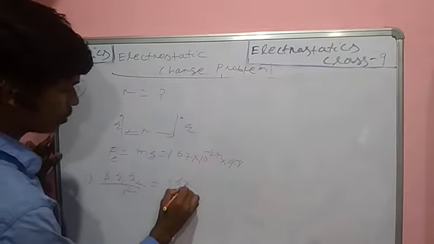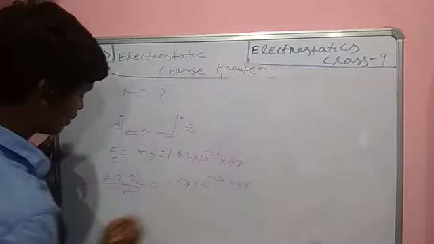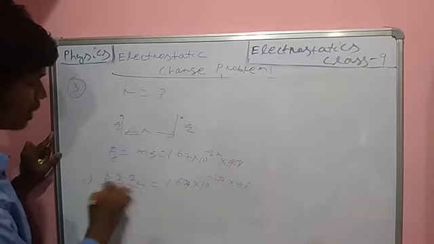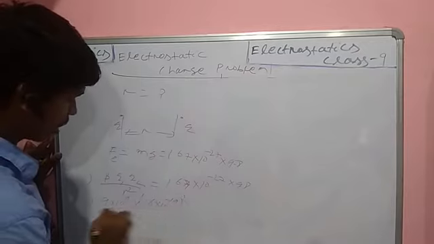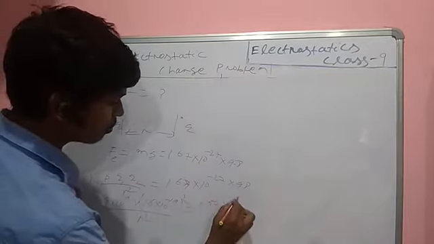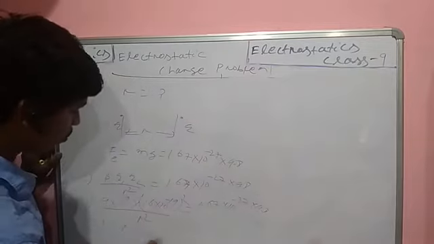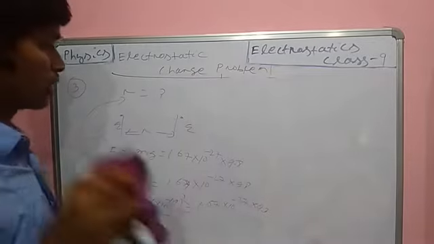That means 9 into 10 to the 9 into (1.6 into 10 to the minus 19) square by r square is equal to 1.67 into 10 to the minus 27 into 9.8. Then find out r. Yes or no? That is question number 3.